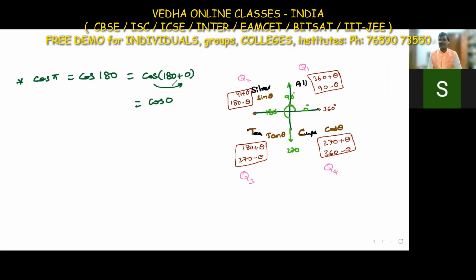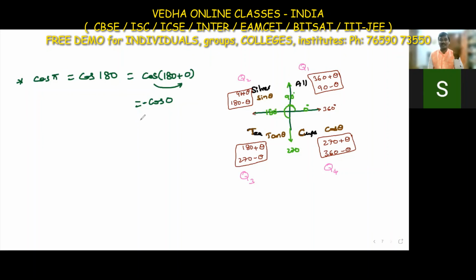Here, whenever we get 180 degrees, we take the same function, cos, and write cos 0. From the table, what is cos 0? That is 1. And for 180 plus 0, it is in the third quadrant or exactly 180, where cos is negative, so we write minus.